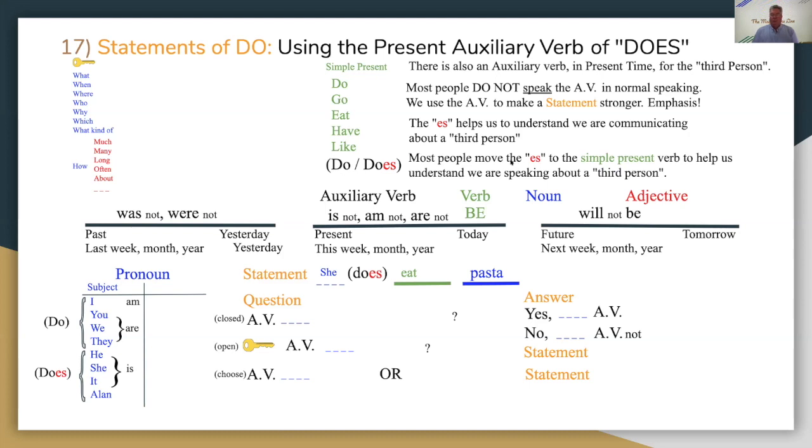Now, most people move the ES to the end of the simple present verb to help us understand we're speaking about a third person.